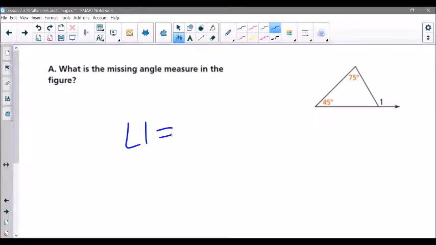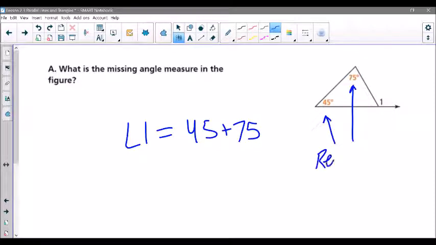We have angle 1 equals 45 degrees plus 75. These are the remote interior angles, which means they just don't touch angle 1. They don't share a side with angle 1. So angle 1 is just equal to 45 plus 75. That's 120 degrees.